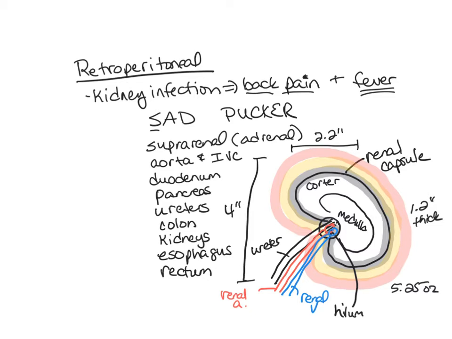Now let's take a look at the inside or the internal anatomy of the kidney. All right, so here we have the kidney like that. Here's the ureter coming out like this. And right inside here, we have an expanded area that we call the pelvis. That's the pelvis of the kidney.